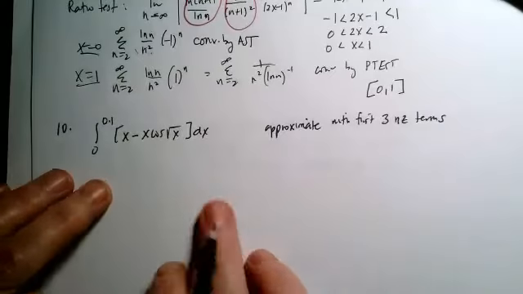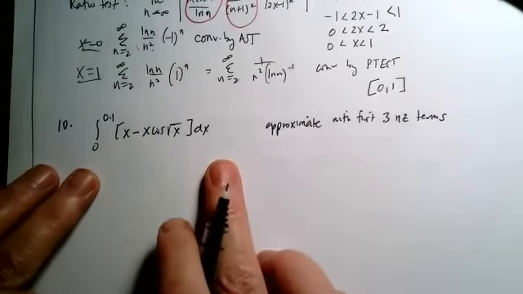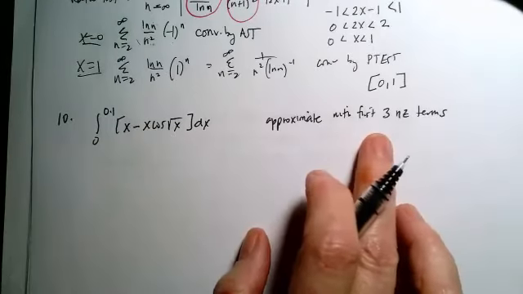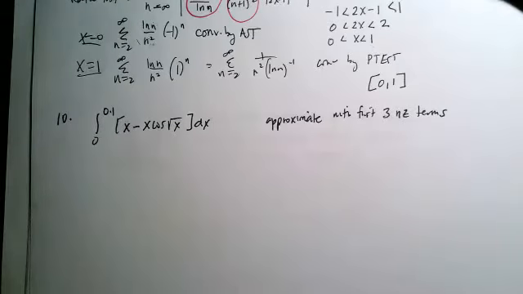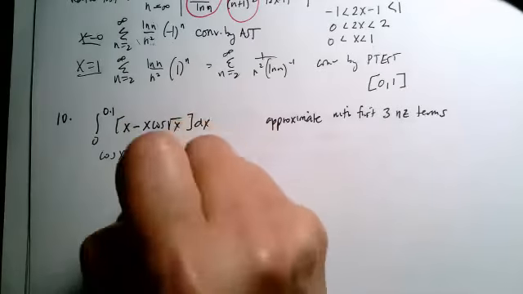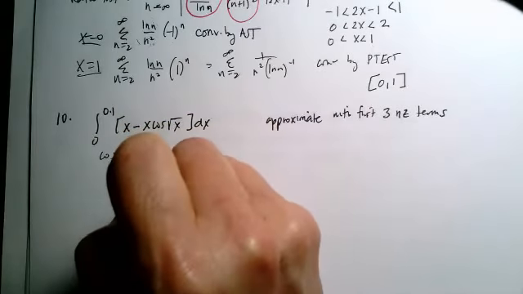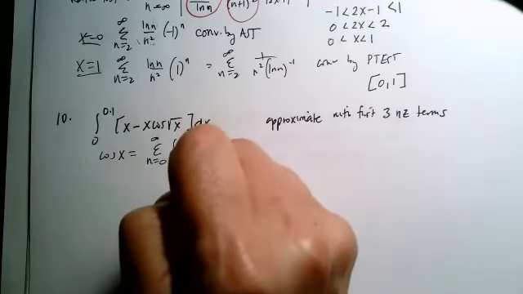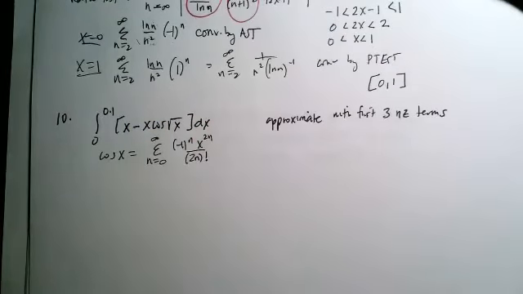Okay, number 10. This is going to be a Maclaurin problem. We're going to approximate this integral with the first three non-zero terms. So we're going to start with Maclaurin for cosine x, which is -1 to the n, x to the 2n over 2n factorial.